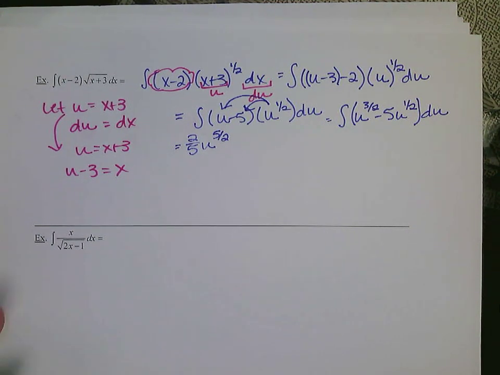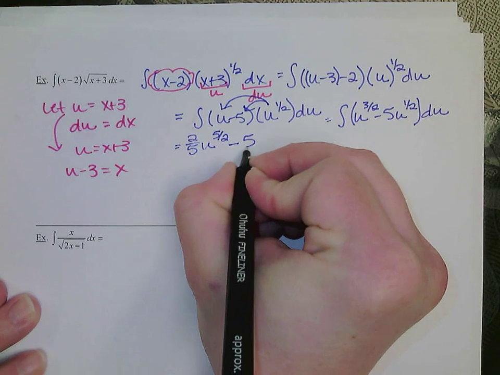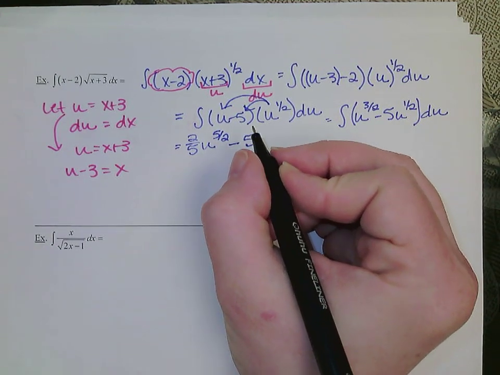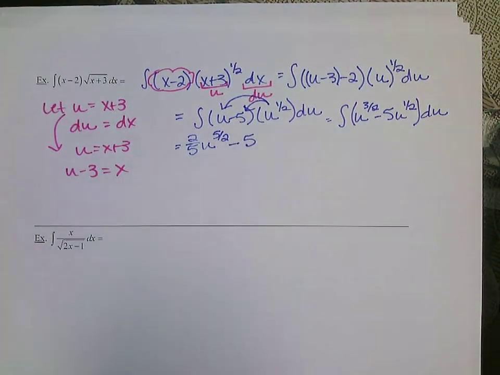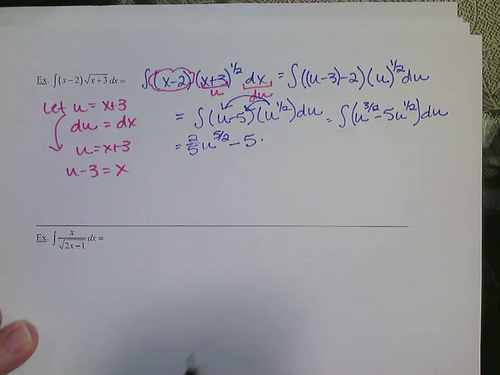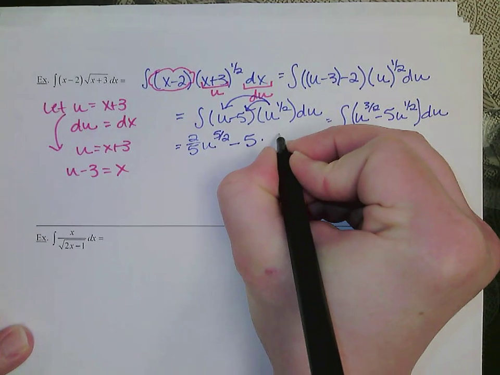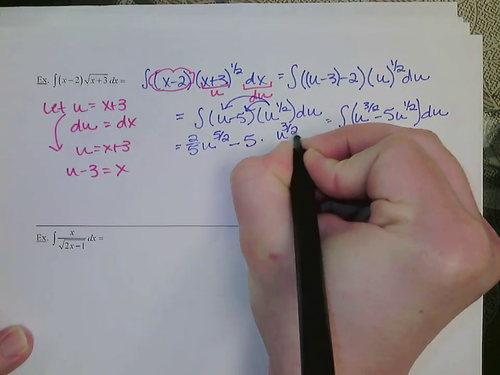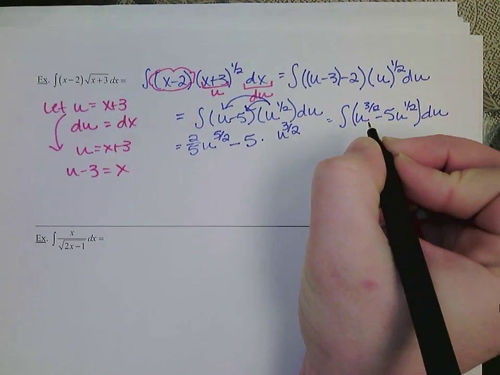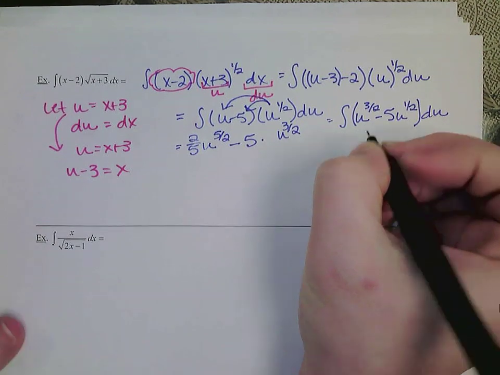Again, if you're not okay going straight to that step, write the intermediate step in between and then simplify until you are. And then we have 5 times u to the 1/2 plus 2/2 would be 3/2, divided by 3/2 or multiplied times 2/3, plus c.